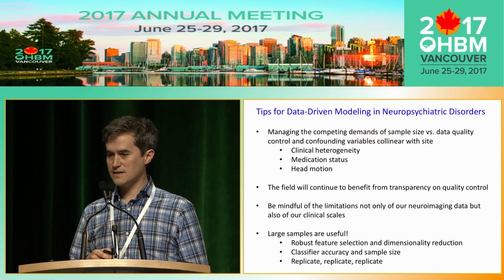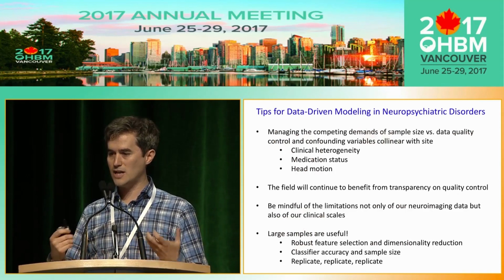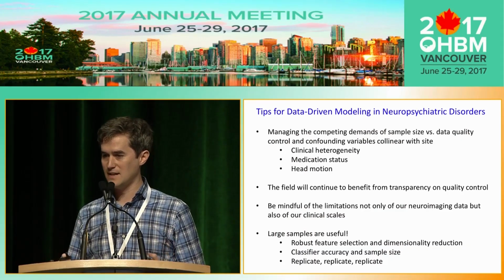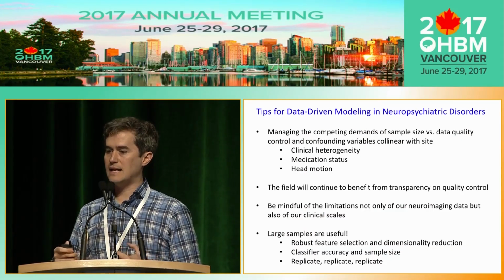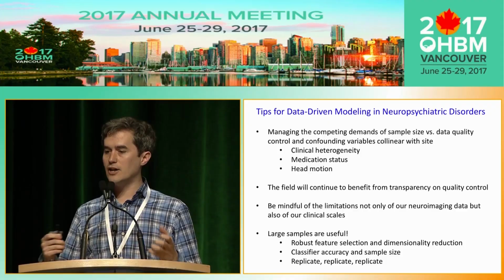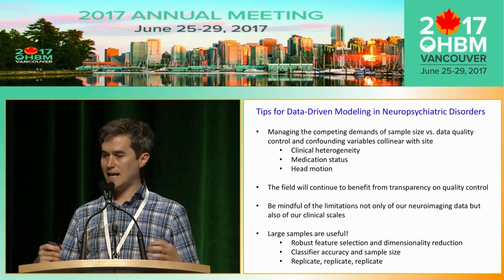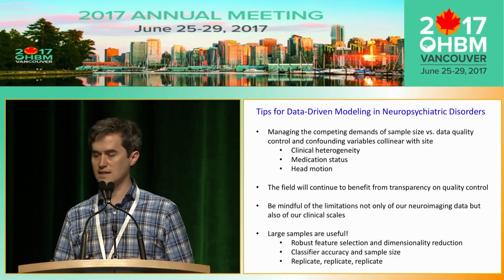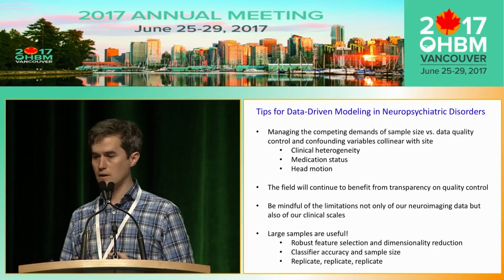So with that, I'll stop. I'll summarize some of the main points. I think it's important to think about managing the competing demands of sample size versus data quality, and examining and considering how clinical heterogeneity, medication status, and head motion differences across sites might be influencing the results you observe.